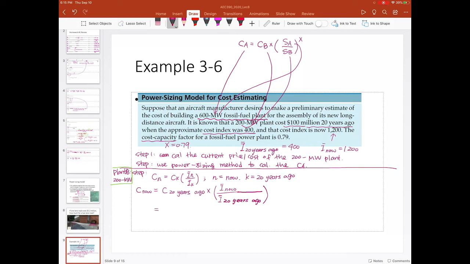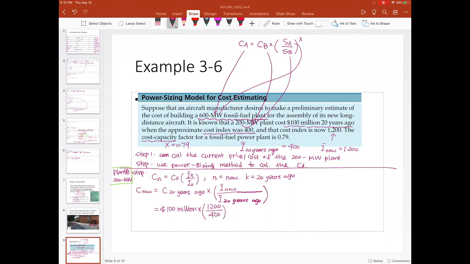The price for the 200 MW plant 20 years ago is 100 million. And the I bar now is 1200. The I bar 20 years ago is 400.